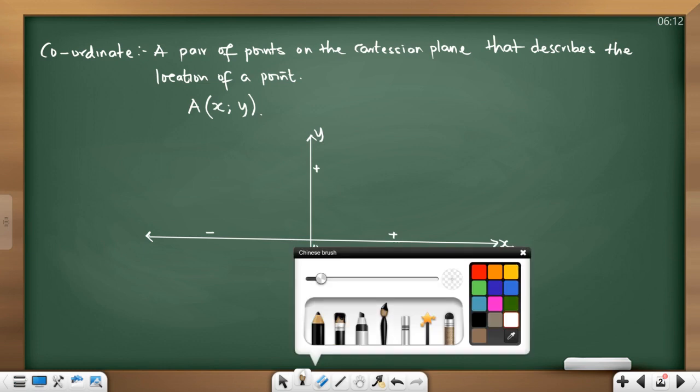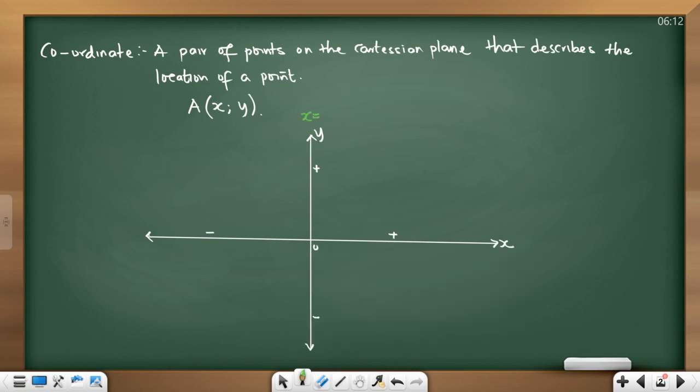Very important to note that the equation of your y-axis is actually x equals 0, because if we calibrate this 1, 2, and 3, and negative 1, negative 2, negative 3.